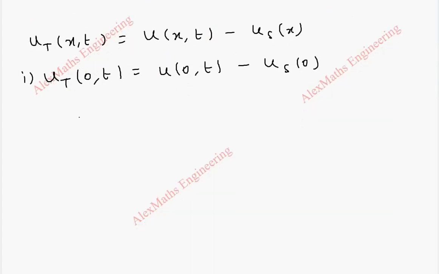That is, u of x comma t is the subsequent temperature function.